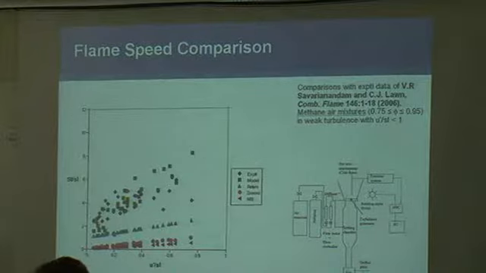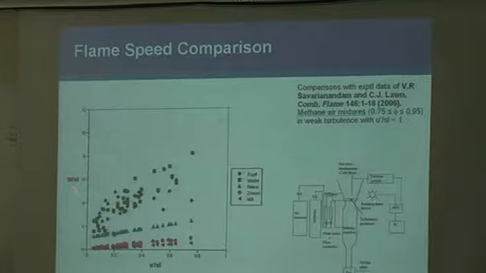Okay. For a very low U prime over SL, this has been done very recently at Queen Mary, and the experiment was done at Bob Cheng's lab in Berkeley. Again, they have reported the turbulent flame speed for a very, very low U prime over SL, because they were interested in the Landau-Darrieus instability, whether that becomes important or not. That's the question they were asking in the paper.